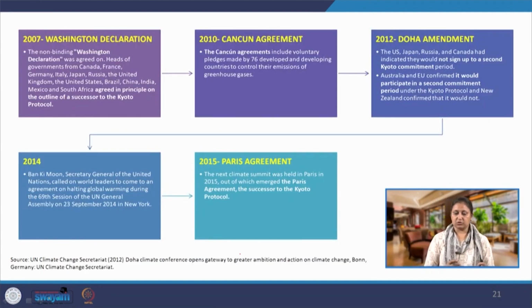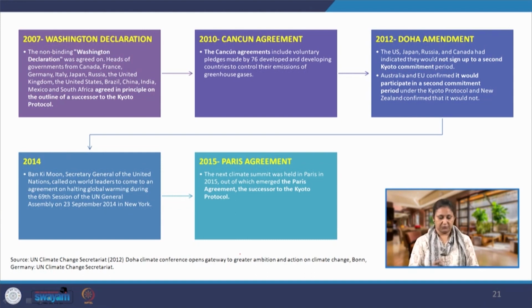After that, in between, from adopting the Kyoto Protocol, we have already seen in the history when we were talking about UNFCCC, the different conference of parties and the major takeaways from those COPs: the 2007 Washington Declaration, the Cancun Agreement, the Doha Amendment extending the second commitment period, and then 2014, finally coming to the 2015 Paris Agreement, because the Kyoto Protocol's period would end in 2020.